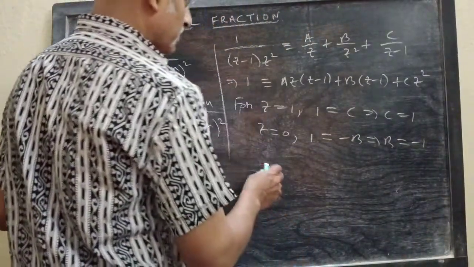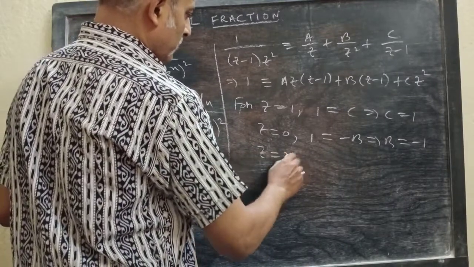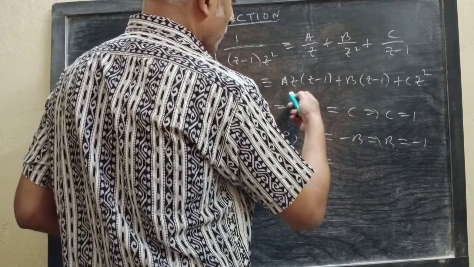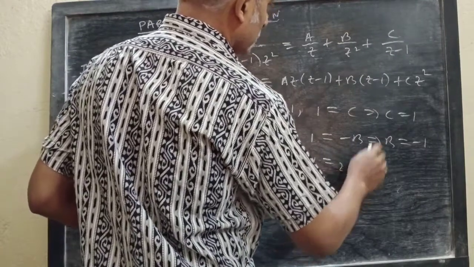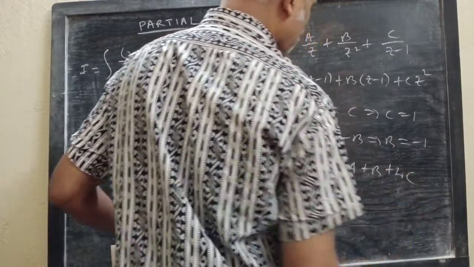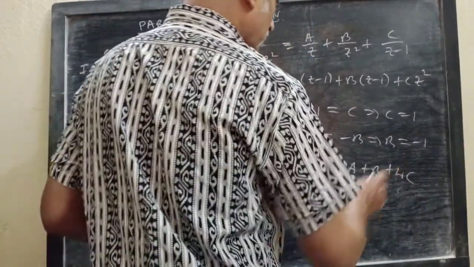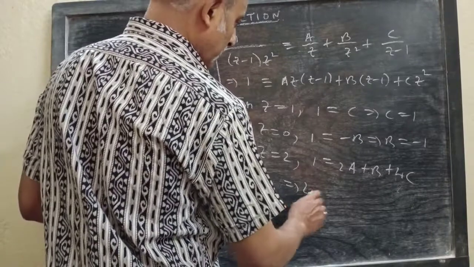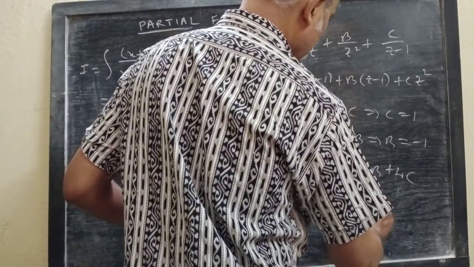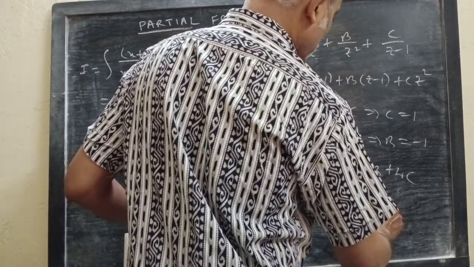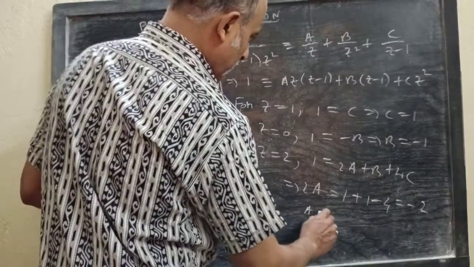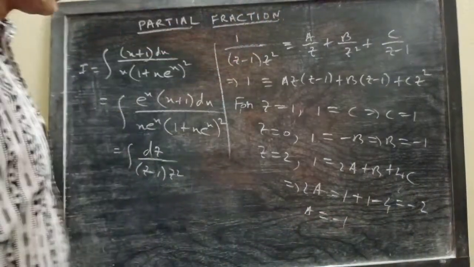Next, let z equals to 2. Then we get 1 is equal to 2a plus b plus 4c. Then substitute the values of b and c. You get 2a equals to 1 minus b, that is plus 1, minus 4c, that is minus 4, which is minus 2, therefore a equals to minus 1.